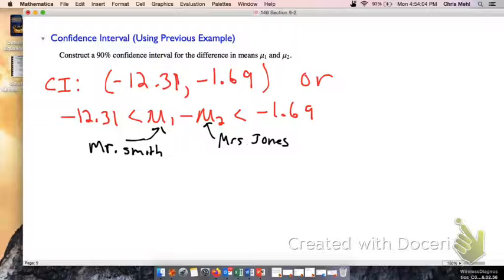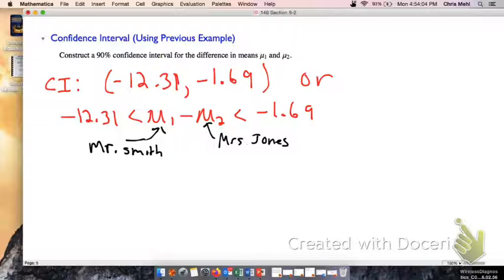So what this is really saying is, if you took the mean grade for all students in Mr. Smith's classes and subtracted the mean grade for all students in Mrs. Jones' class, we estimate that that difference would be between negative 12.31 and negative 1.69.